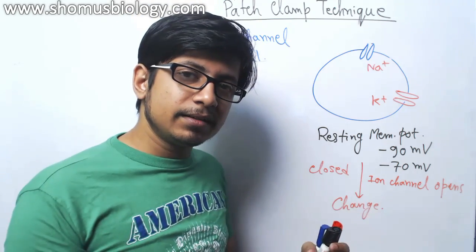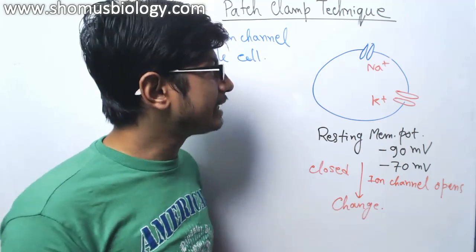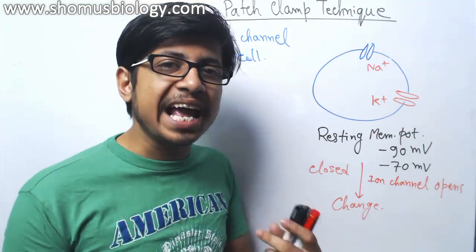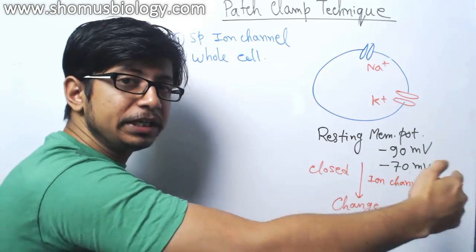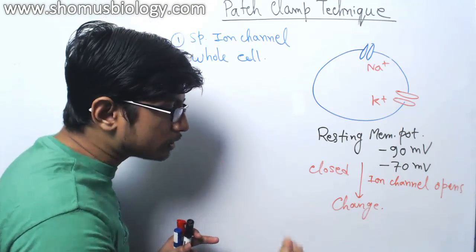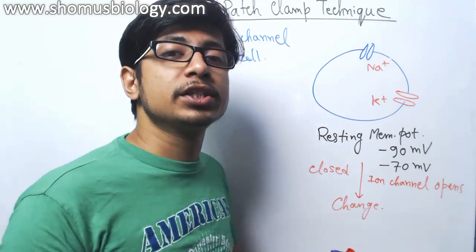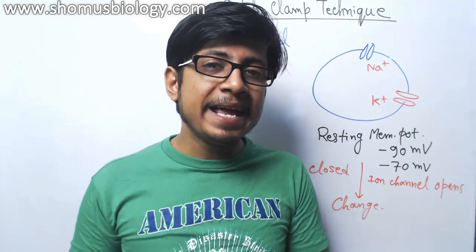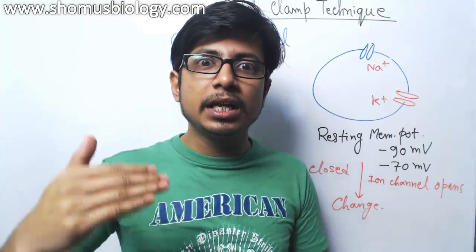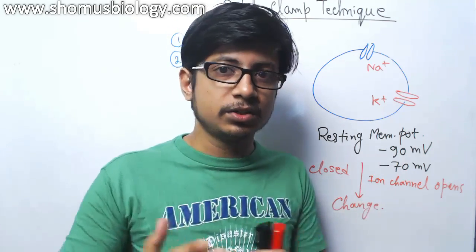If the cell is dead, there is no way we can measure the activity in real time, because we want to know the sequential events. The process of generation and propagation of action potential demands sequential stages from the start to the end.